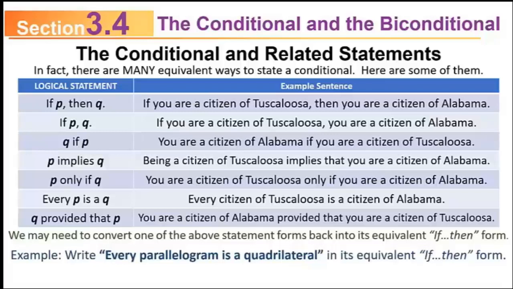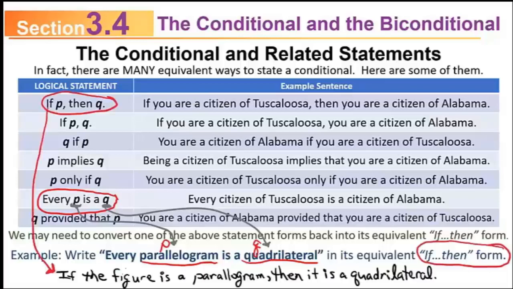What you have to do is look back up at this chart and notice that the next to the last one is every P is a Q. So that tells me that the part about the parallelogram is the P, the part about it being a quadrilateral is the Q. So I can use that and change it back to an if-then form by saying basically if parallelogram then quadrilateral, and then putting in a few words to make the sentence flow.